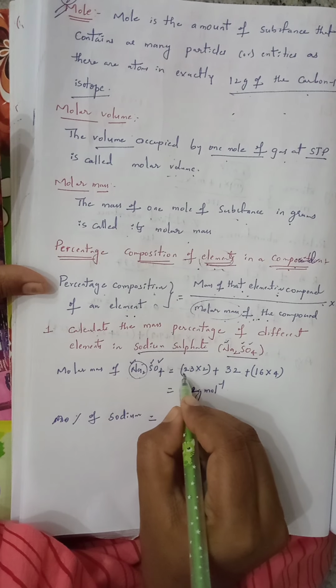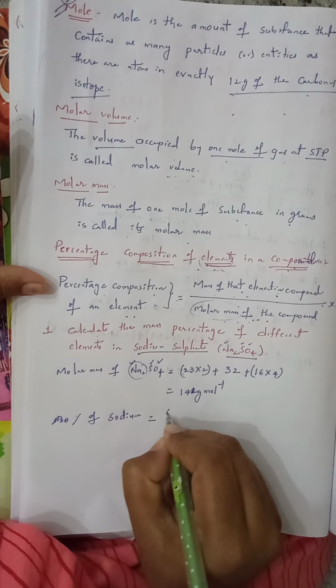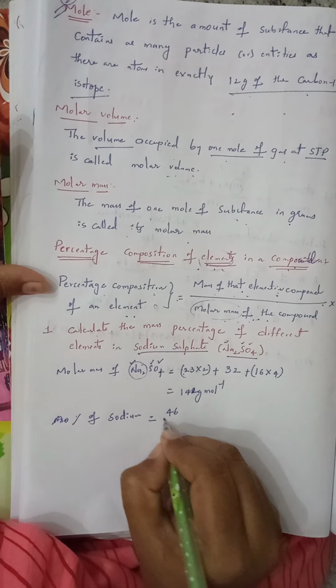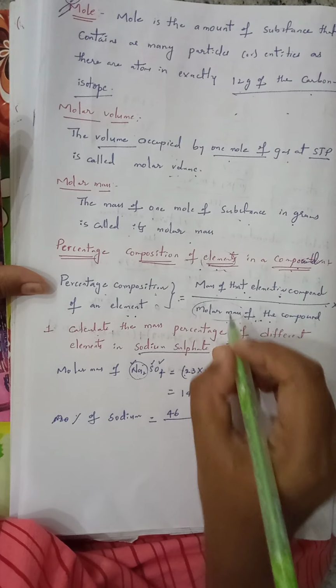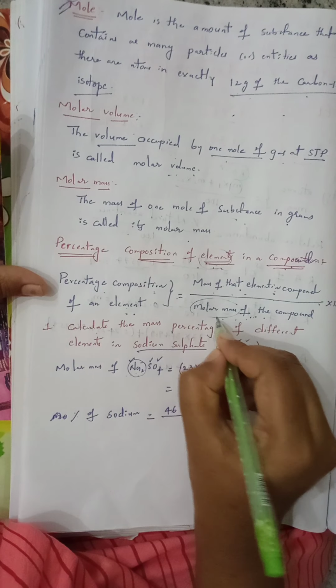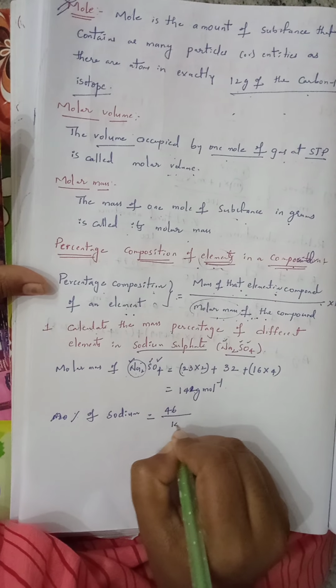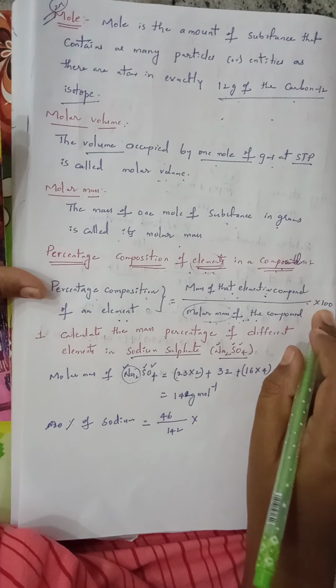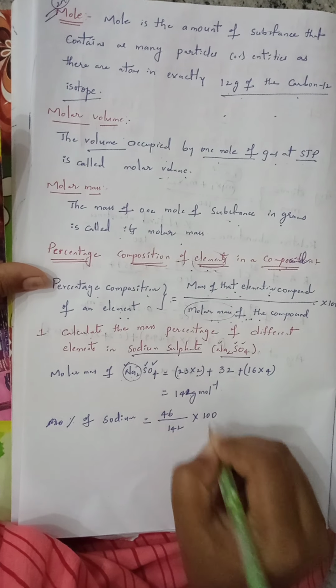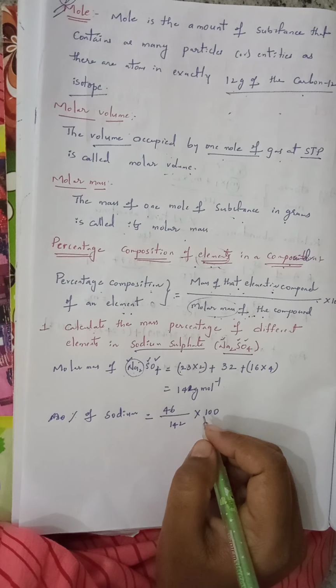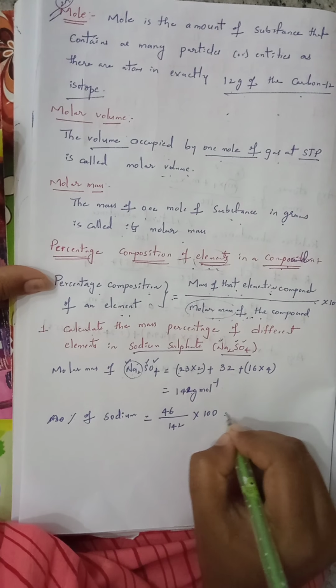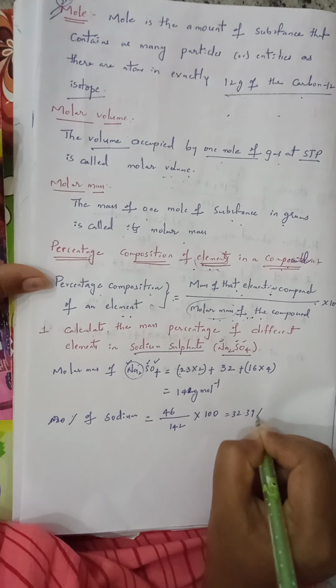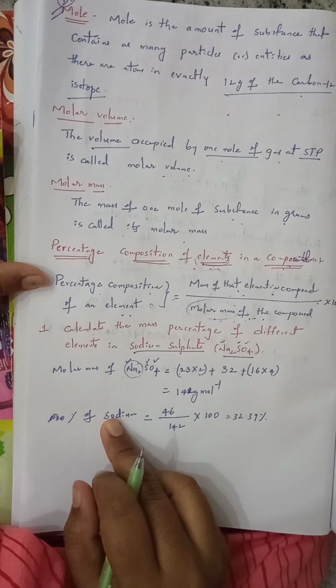Each sodium atomic mass 23, into 2 is 46, that is its mass, divided by molar mass 142, into 100. By multiplying all this you will get 32.39%. This is the mass percentage of sodium.